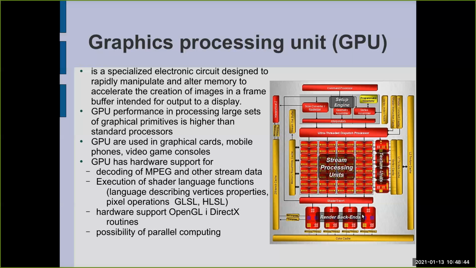Of course, there are other elements. So we have, let's say, render backends. So we have a smaller number of render backends, because the rendering process, when we have to consider lights and some shadows and other reflection effects, turns out that we have to analyze this scene globally, or the regions are bigger.